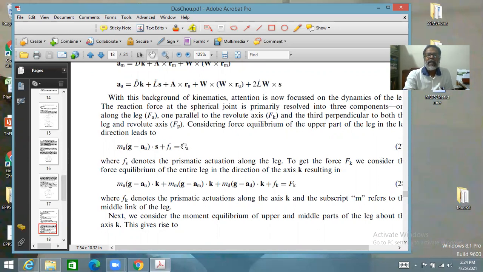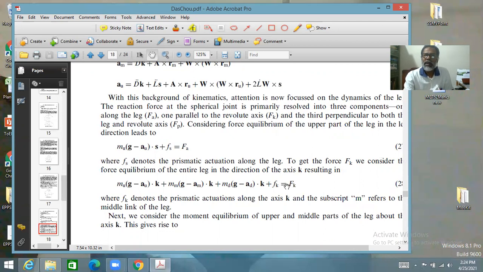And then you consider the entire leg, the whole thing together. And for that, you take the component along the first prismatic actuation, along the k axis, and then you get another equation.